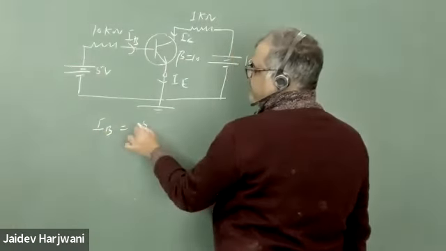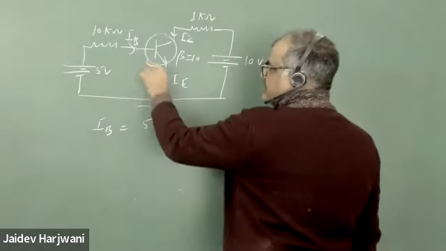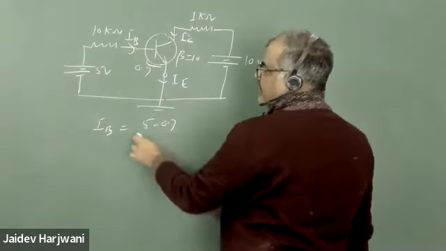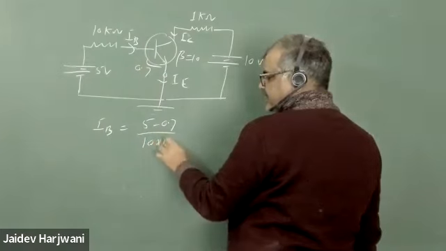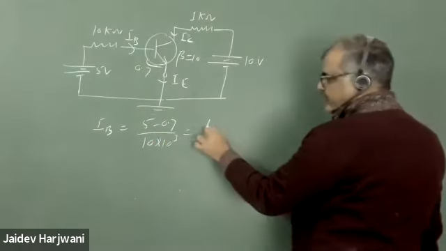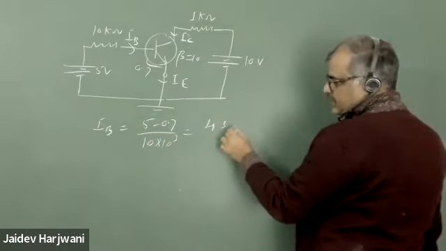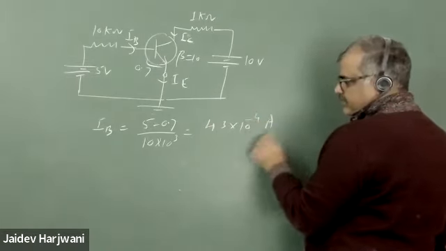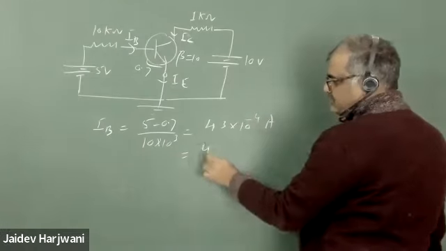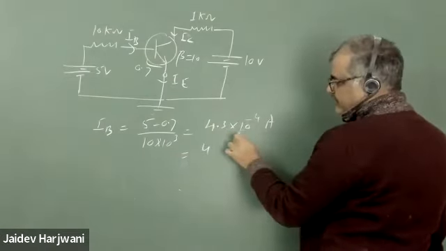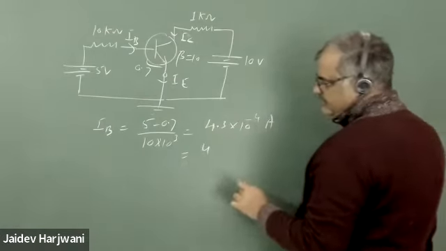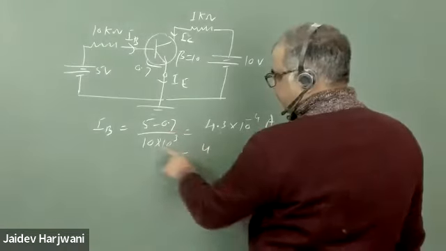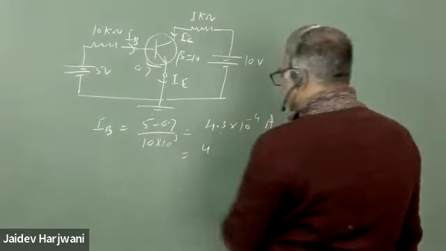5 minus 0.7, this is 0.7, and you have 10 kilo ohm. This will give you 4.3 into 10 raised to power minus 4 ampere. Or you can say 4.3 divided by 10 kilo ohm, so how much will come?